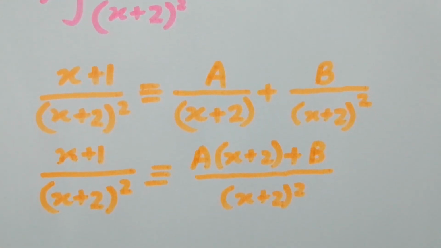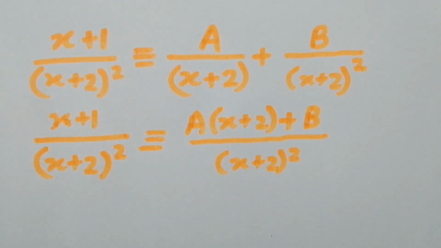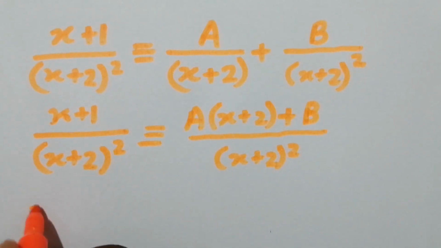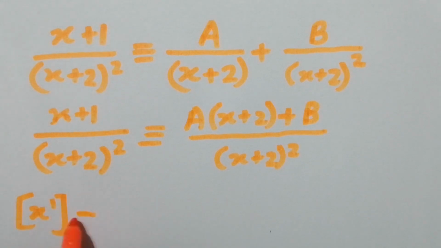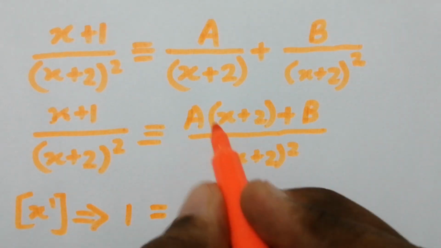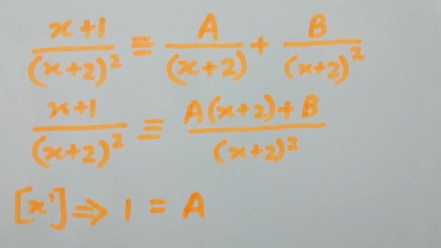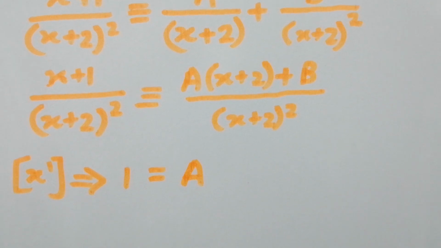By comparing the numerators, by equating the coefficient of x terms, x to the power 1, here it is 1 equals, here the coefficient of x is A. Then directly we can obtain A equals 1.